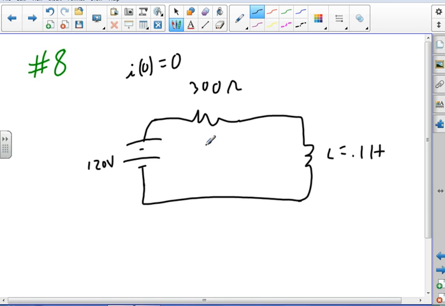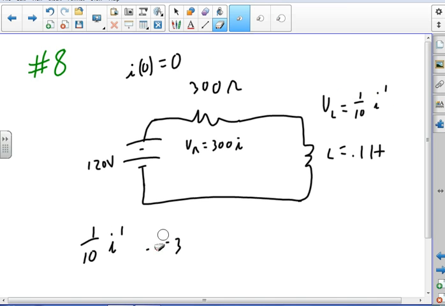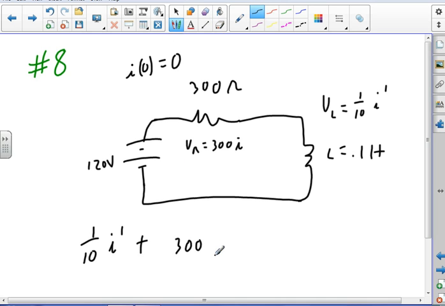Okay, so the voltage across the resistor, 300I. The voltage across the inductor, 1/10 I prime. So I got 1/10 I prime plus 300I is equal to 120.